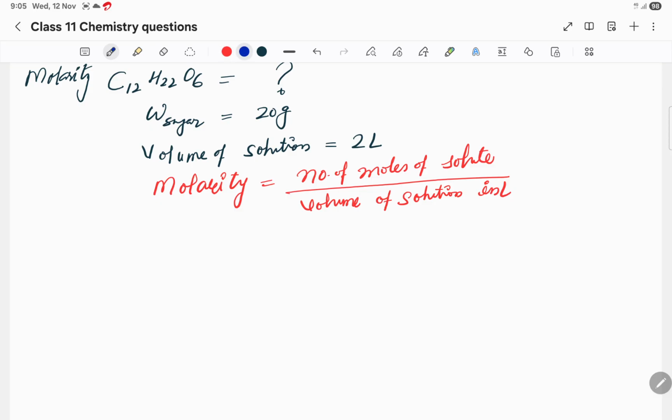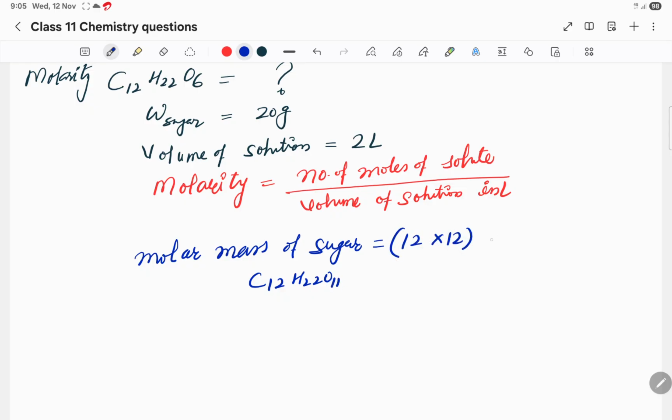For that, we have to actually first find out the molar mass of sugar. So molar mass of sugar, okay, the formula is C12H22O11. So 12 multiplied by 12 plus 22 multiplied by 1 plus 11 multiplied by 16. So this is how you can calculate. Okay, this comes out to be around 342 grams mole inverse.